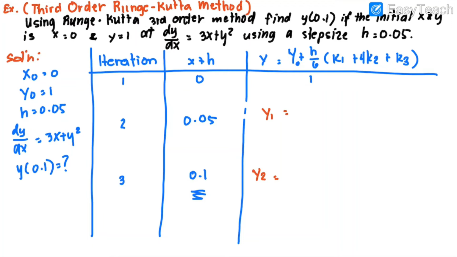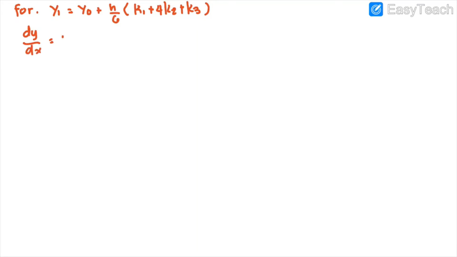Okay, so we still need to solve for y1 and y2. In doing so, let's continue with this solution. Using the modified Euler's version for the third order Runge-Kutta method, y1 equal to y0 plus h over 6 times k1 plus 4k2 plus k3. We again need to solve for k1, k2, and k3 under the equation of 3x plus y squared.